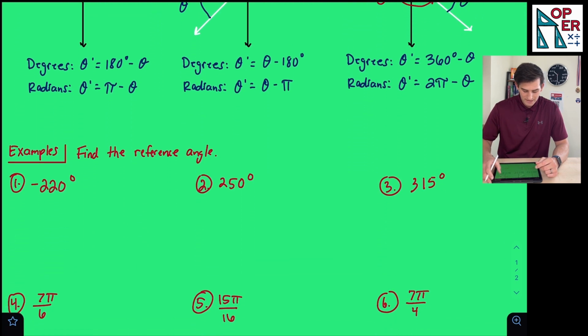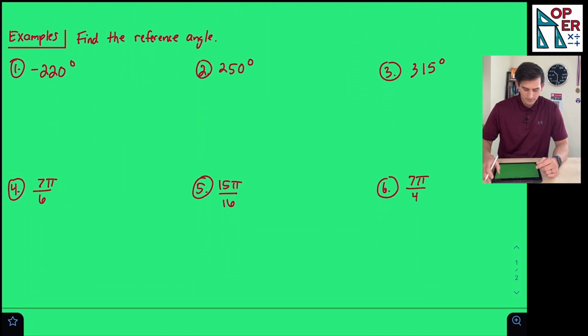We're going to look at 6 examples, 3 in degrees and 3 in radians. We'll start with number 1, negative 220 degrees. The negative means we're taking our terminal side of our standard position angle and going clockwise instead of counterclockwise. So we need a coterminal angle as if we went counterclockwise.